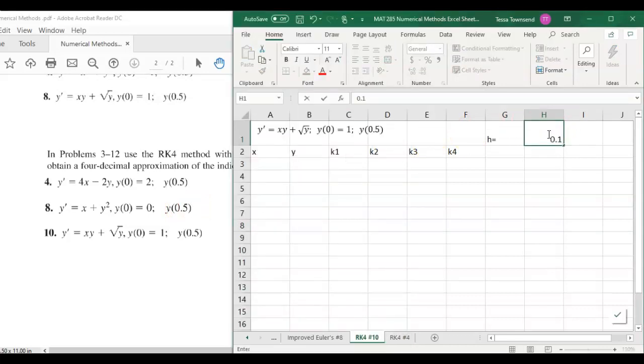We're going to set the spreadsheet up, however, so that we can change that step size to anything, and it will just kind of filter through the formula. We won't have to do a whole lot in here other than maybe drag formulas down if we need to increase x to 0.5. So our initial value is 0, 1.